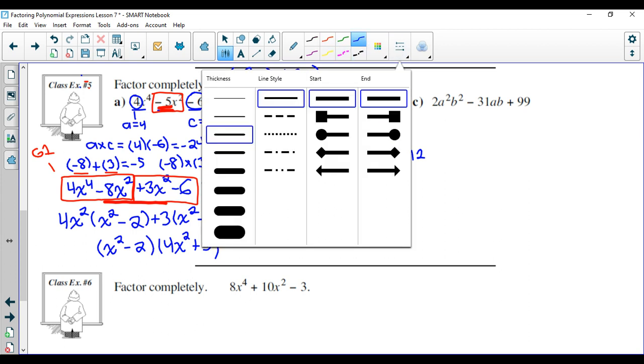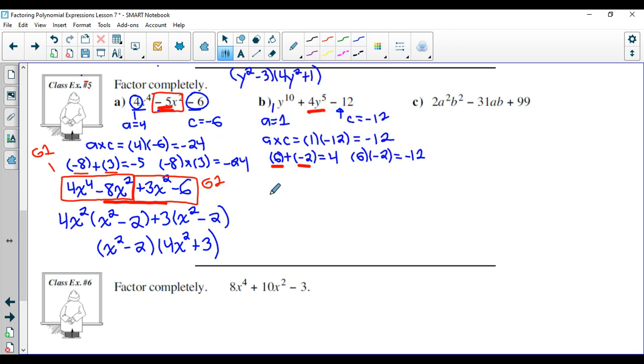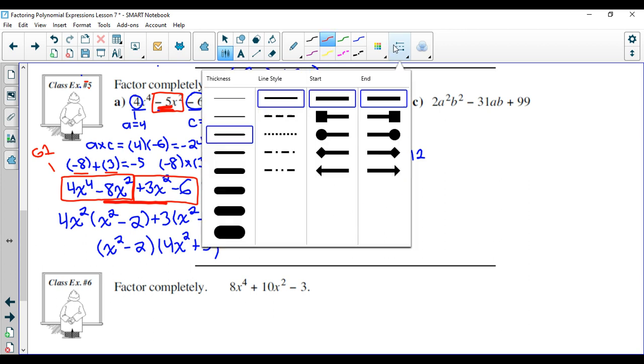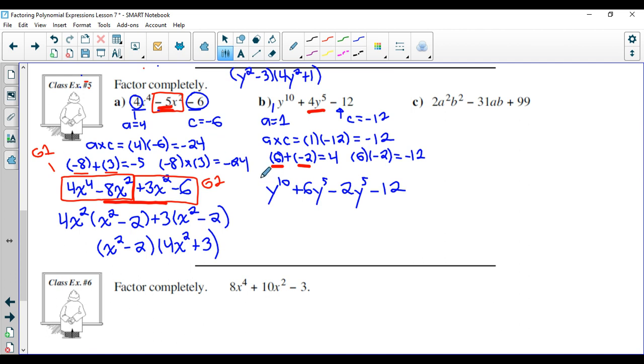So if I do that, it would then be y to the power of 10 plus 6y to the power of 5 minus 2y to the power of 5 minus 12. And now we just have to factor by grouping. Okay, so here's my first group.